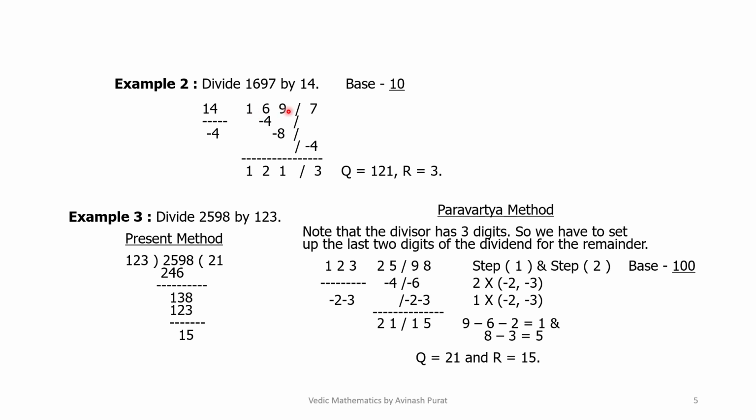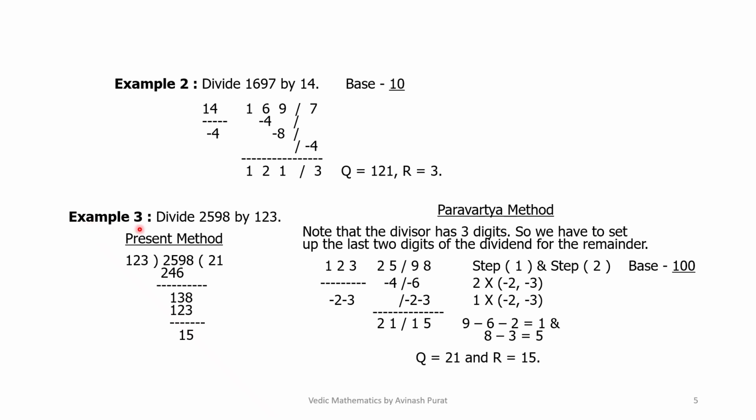So 169 stroke 7. 1 is taken down, 1 multiplied by minus 4 is minus 4. 6 plus minus 4 is 2. 2 multiplied by minus 4 is minus 8. 9 minus 8 is 1. 1 multiplied by minus 4 is minus 4. 7 plus minus 4 is 3. So the quotient is 121 and the remainder is 3.